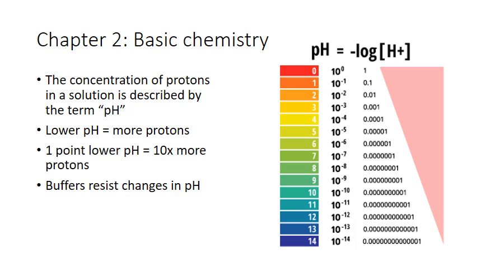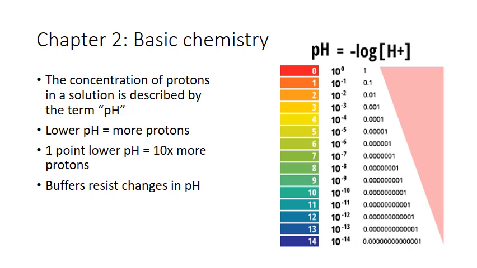The lower the pH is, the higher your proton concentration and the more acidic your substance is. The higher the pH, the more basic it is, and the lower the concentration of protons. Did I mix it up? Okay. It's a tongue twister for me to say it all at once.